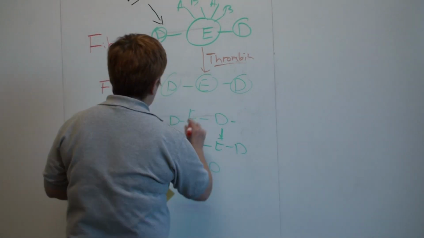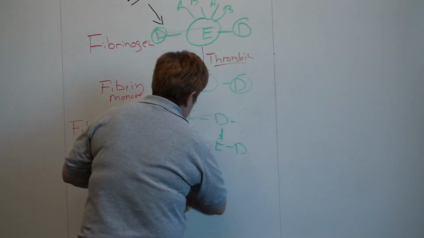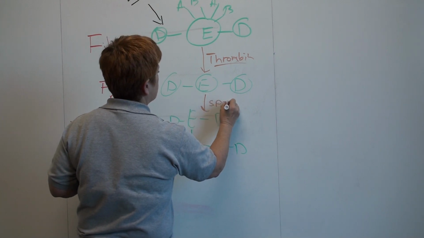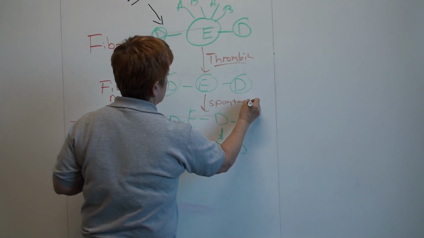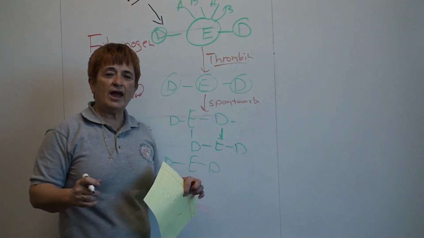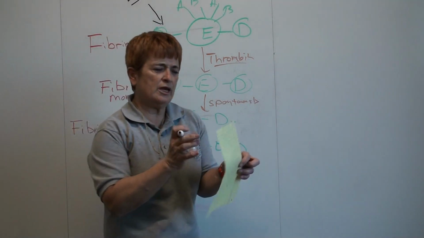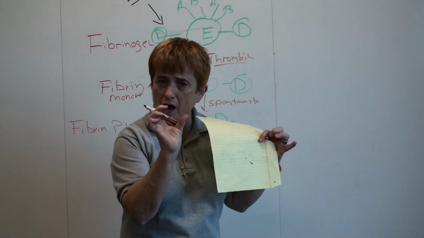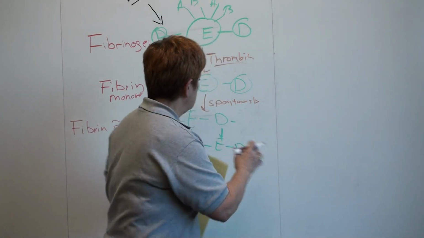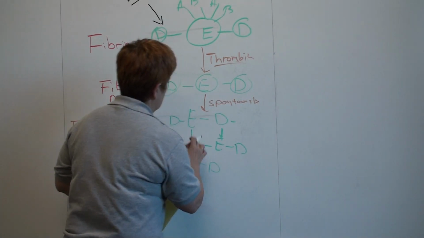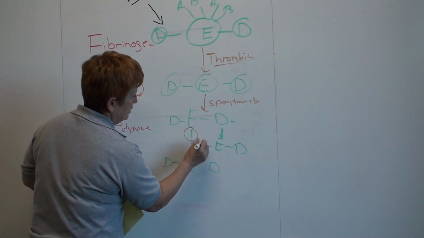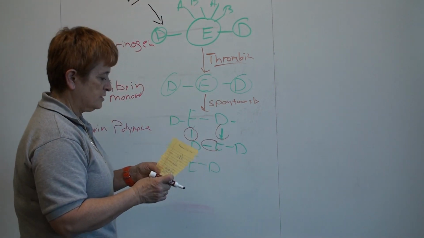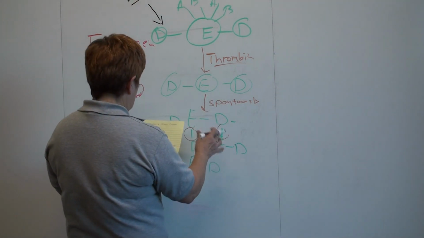And you need to remember that this is going to happen spontaneously. It's kind of like if you had a bunch of magnets together. They attract to each other. So these little monomers are going to be attracted to each other and get stuck together. The E's have to get with the D's, and the D has to get with the E, so it makes these cross fibers.